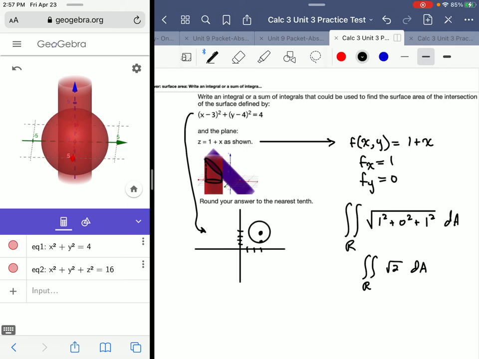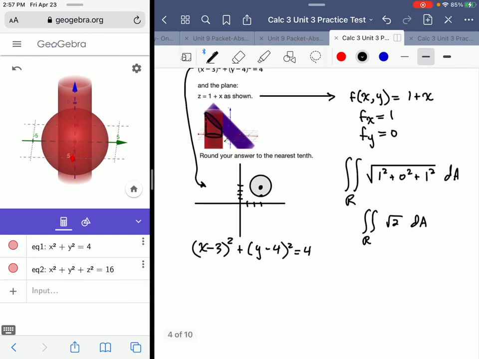We're looking at this, more or less. If I'm bounding this in terms of y, I'm going to need the 2 halves of this circle, the bottom half and the top half. So we have x minus 3 squared plus y minus 4 squared is equal to 4. Bring over the x minus 3 squared, so y minus 4 squared is equal to 4 minus x minus 3 squared.